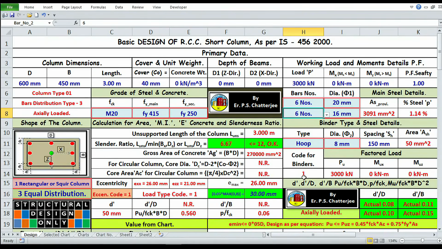Problem 2. Square column with uniaxial bending moment.